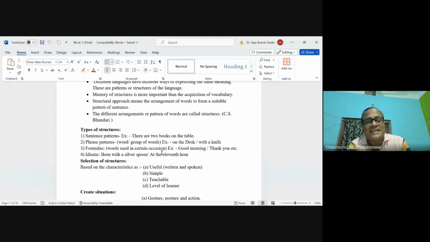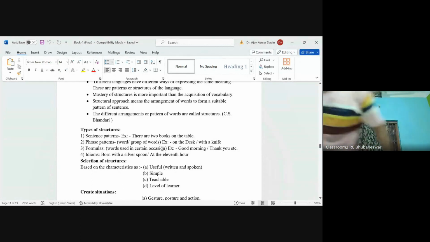Another important thing is selection of a structure. Selection of structure is based on certain characteristics. What are those? Usefulness, both in written form and spoken form. Usefulness is very important. How you can use it is very important.